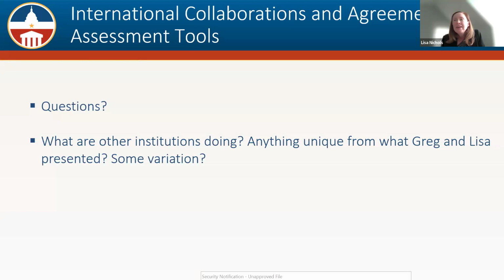However, those overarching questions would similarly be considered, along with whatever information was available with respect to the agreement being put in place, the MOU.